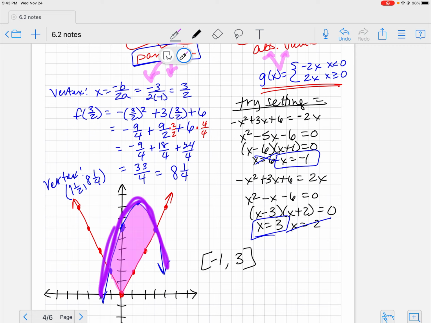It's obviously my parabola is on the top, but I have to break up this piecewise function to have this left side and this right side. Well, what do we already know about integration? We can split this up here, and for my integration, I can split this right down here, and I can break this into two separate integrals.